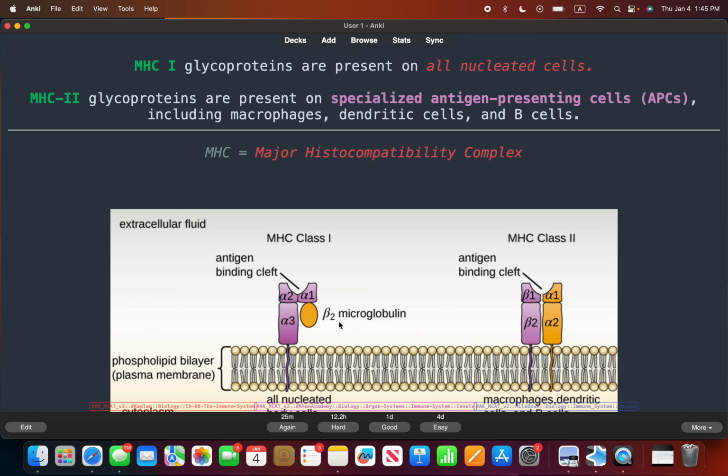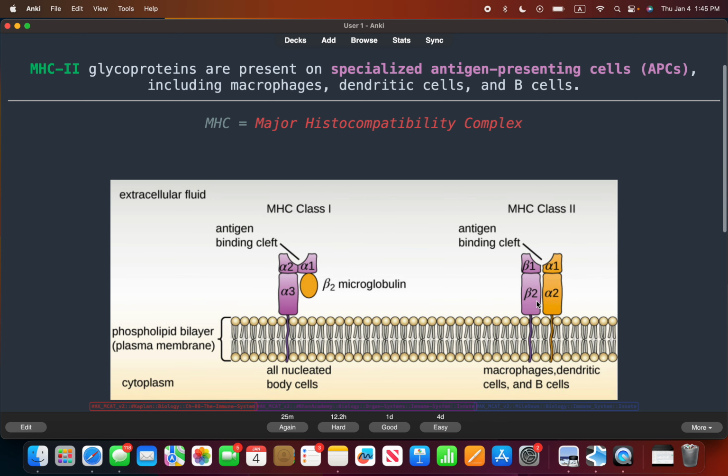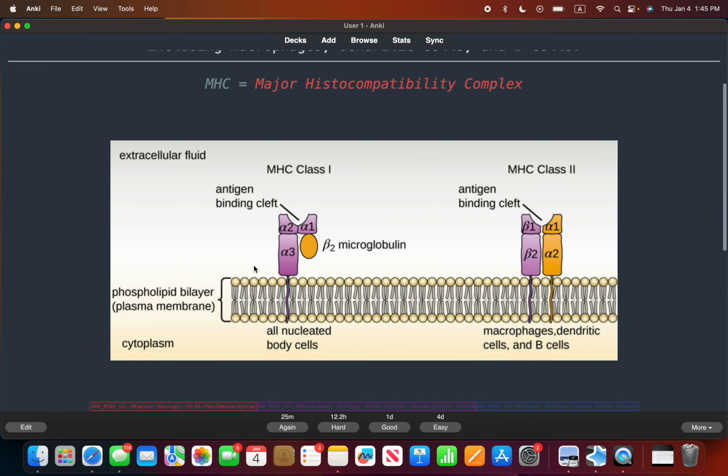MHC1 has a beta 2 microglobulin. So it has alpha 1, alpha 2, alpha 3, and then one beta 2 microglobulin. But MHC2 has alpha 1 and alpha 2, and beta 1 and beta 2, just like hemoglobin, if you remember. This side of the cell membrane is the cytoplasm, and that side is the extracellular fluid, ECF.